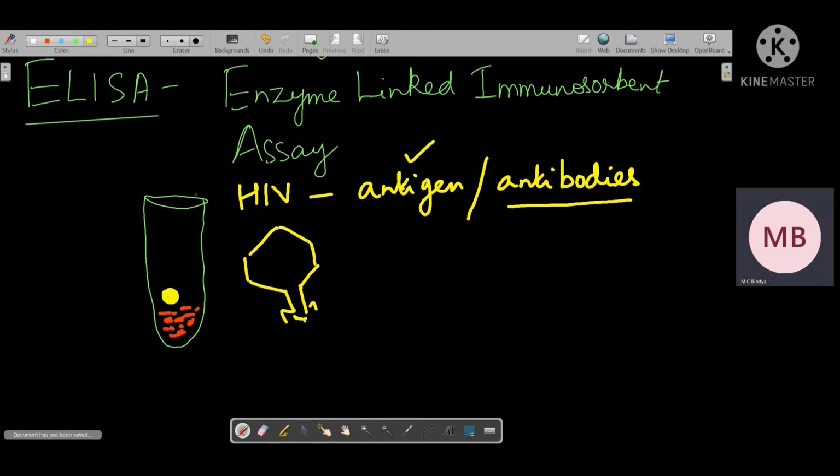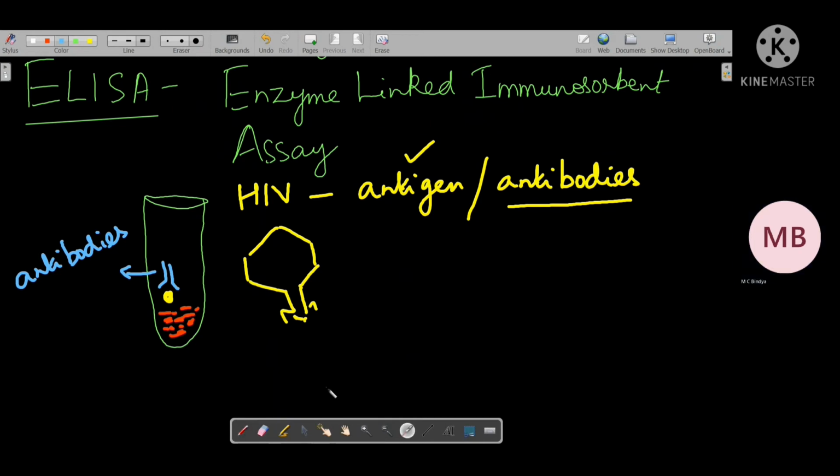What they add is ready-made antibodies. The virus HIV is present here. When the corresponding antibodies are put in, they will form bonds. Antibodies will link with these HIV antigens.